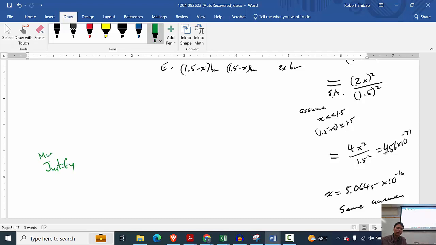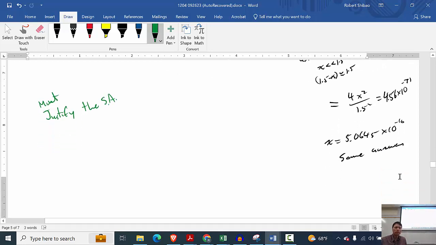And so we must justify the SA, simplifying assumption. And so what we're going to do is calculate the percent change.